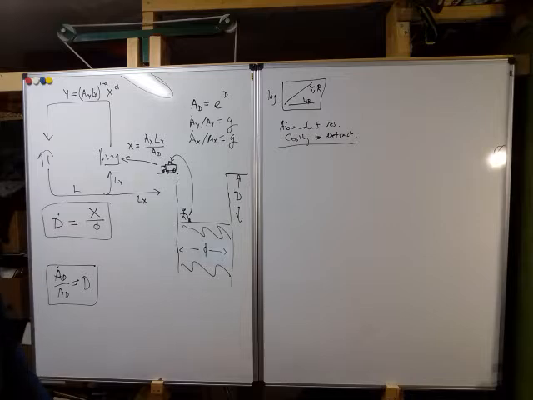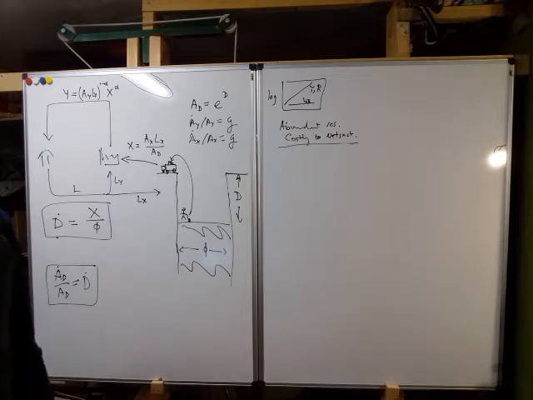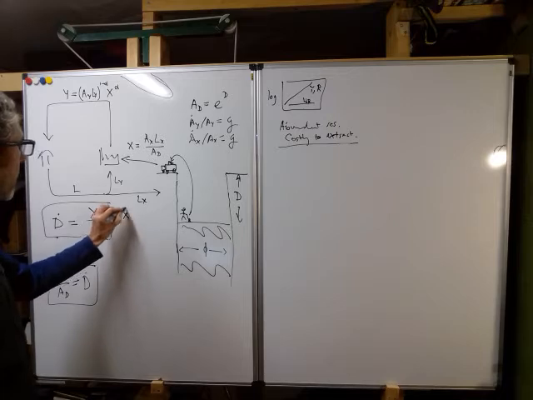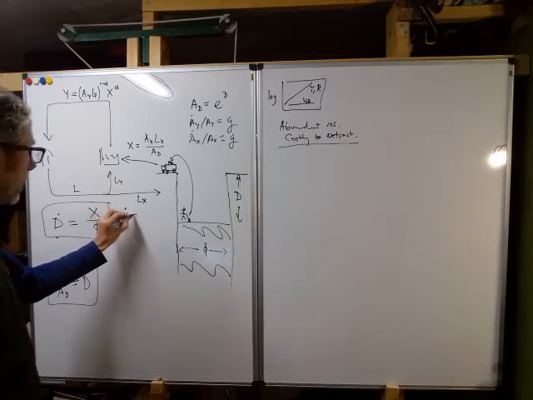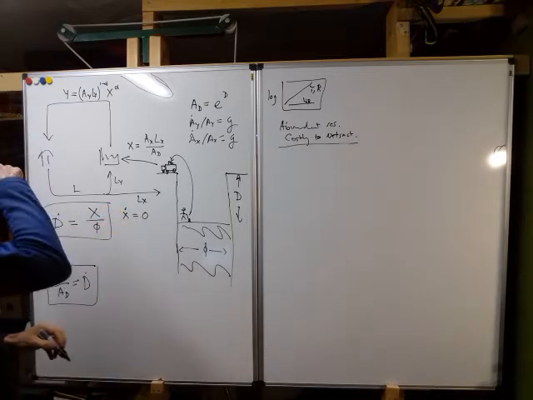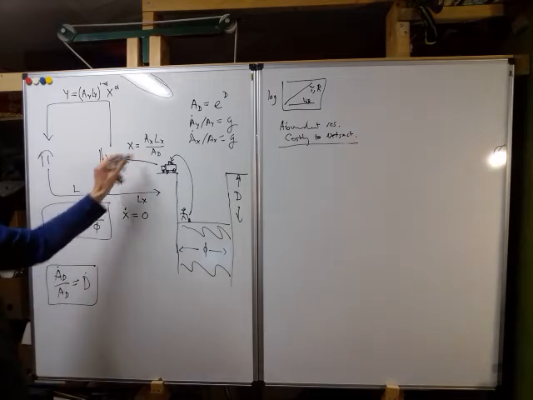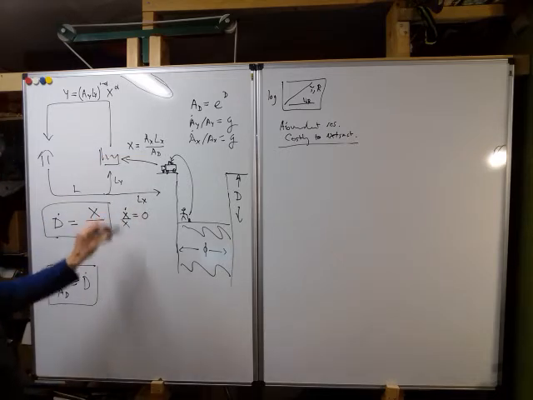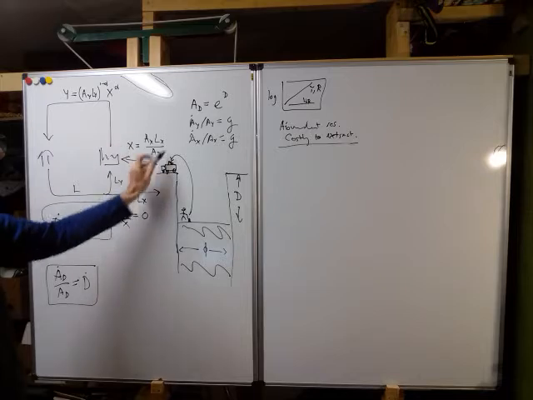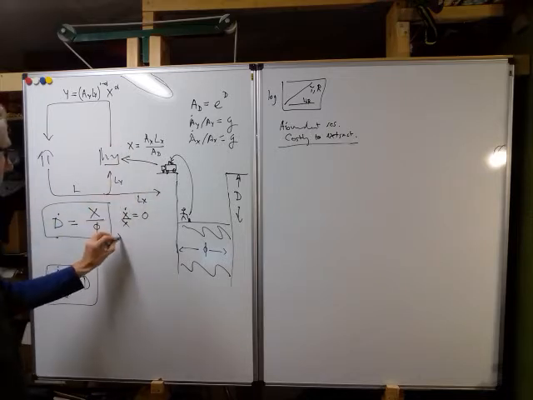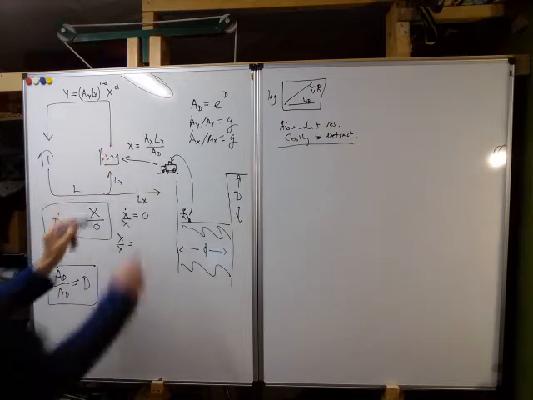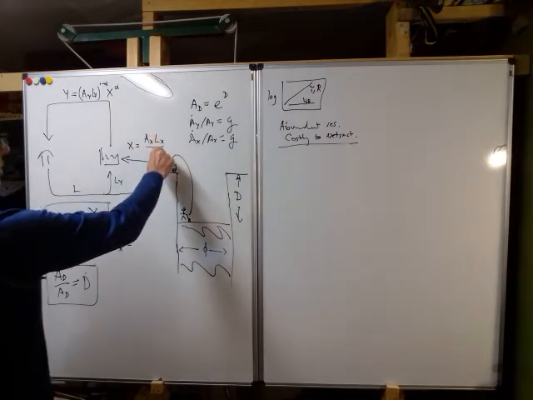So, where should we start? I guess we start here, don't we? So we've got that x dot is naught. Or x dot over x is naught, perhaps. But we know from this that x dot over x is, what are the exponents here? 1, 1, minus 1.